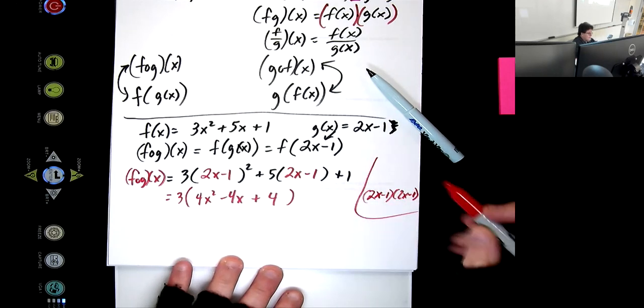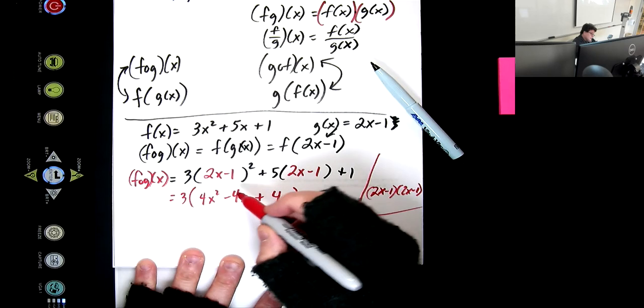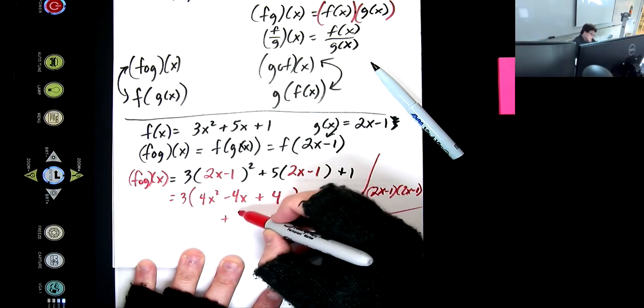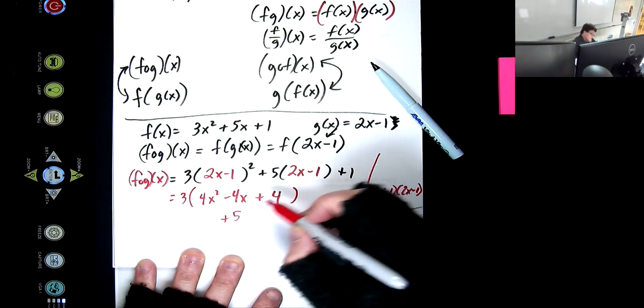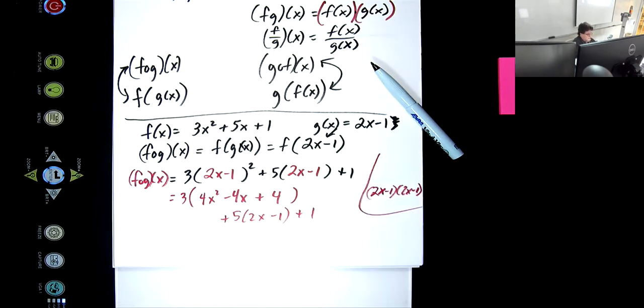That's an aside. Then I have this part. I won't distribute yet. I'll just deal with the square first. We distribute on the next line.